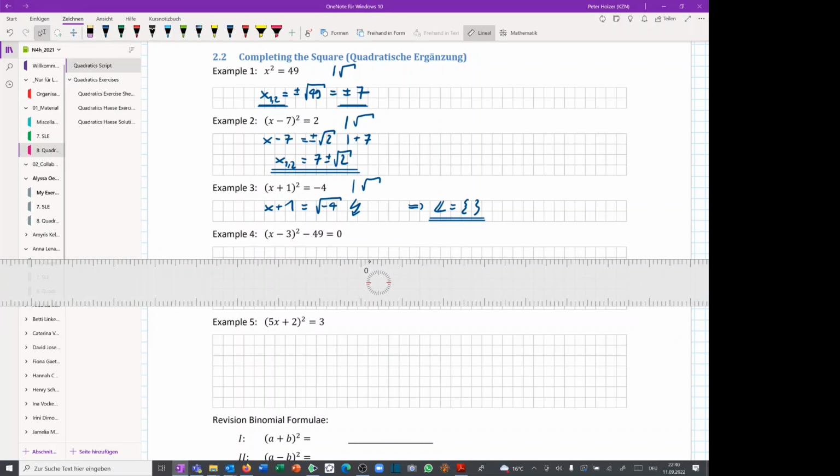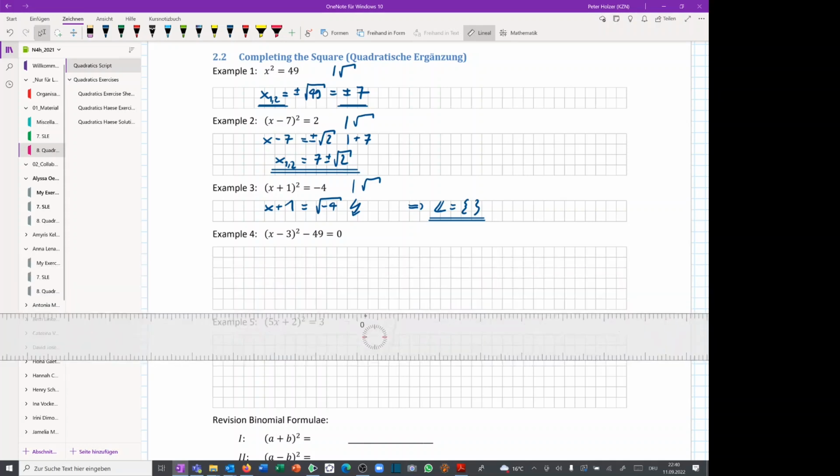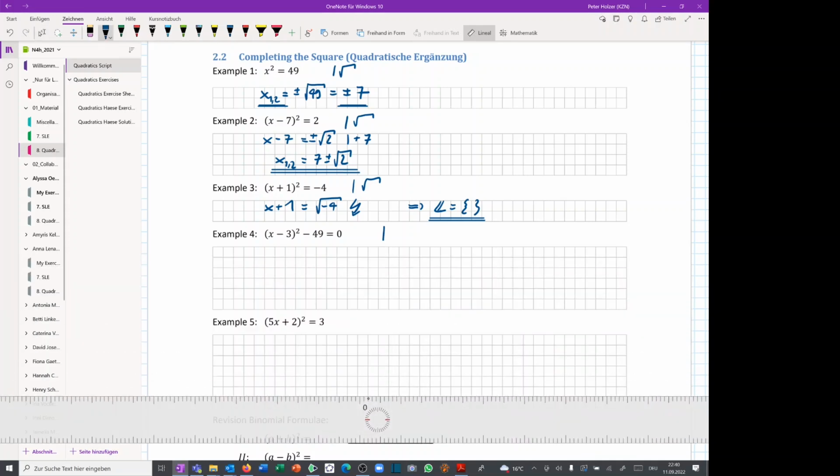Next step, look at example 4, solve it, stop the film, and here comes the solution. So first step, we just add the 49, and now we have the same situation as in example 2. If necessary, you can stop the film here and continue on your own. Here comes the solution. We take the root, we get x minus 3 equals plus or minus 7.